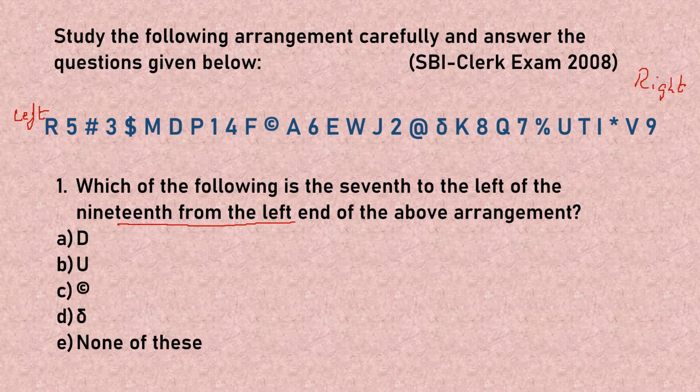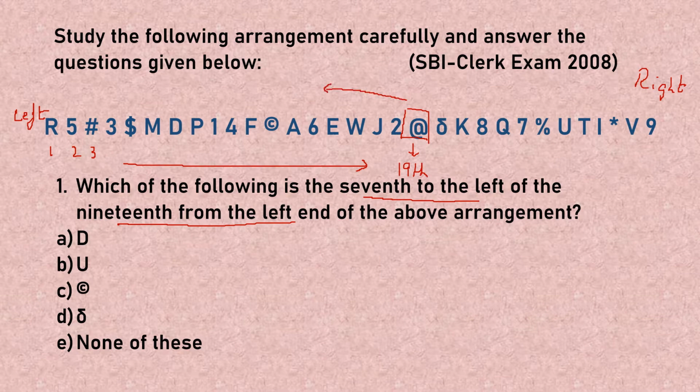Counting from the left side, 1, 2, 3 and so on, you will find that the 19th element is this. Now you have to find out which is the 7th to the left of this 19th element. If you look at this element, this is face to face with you. So for finding the 7th element to the left, you have to move in this direction.